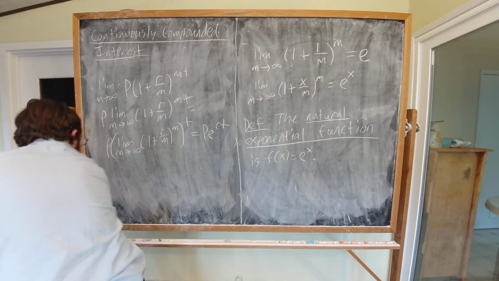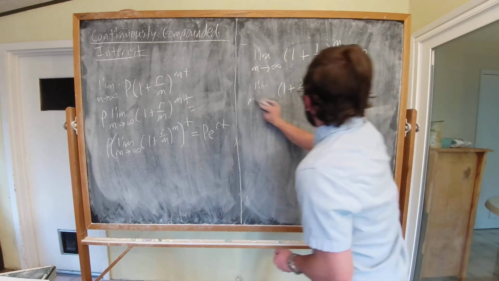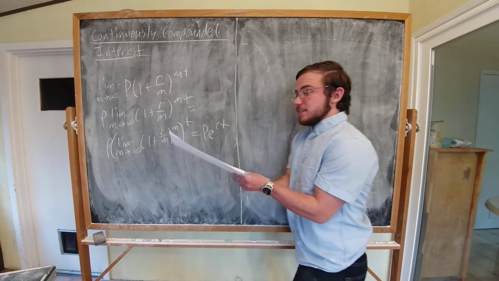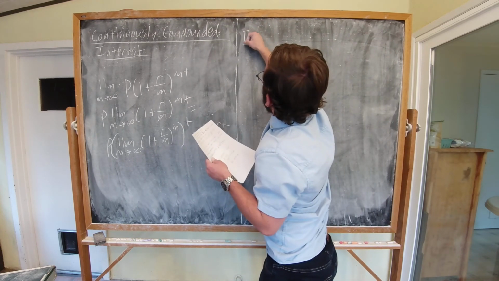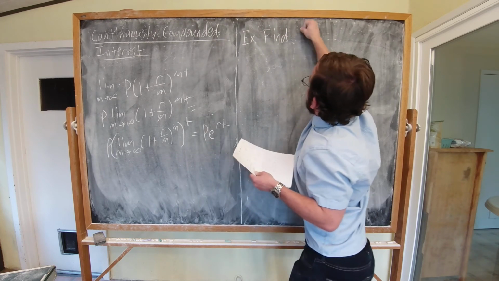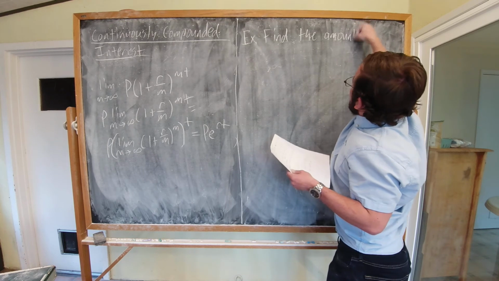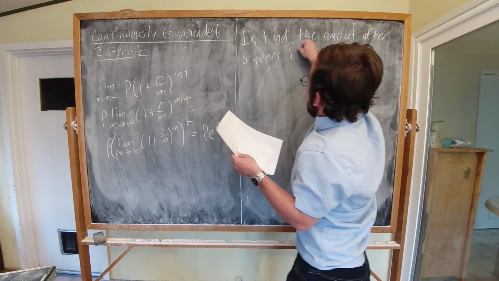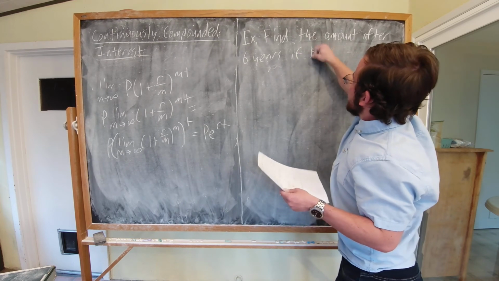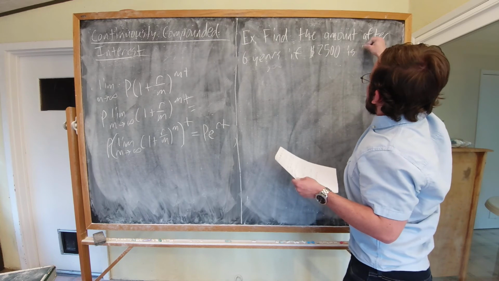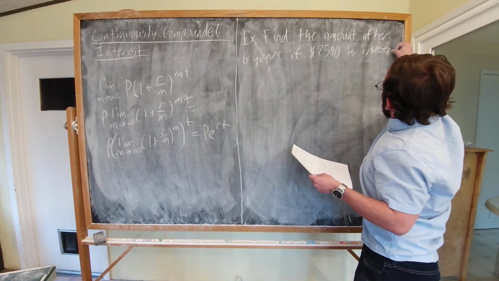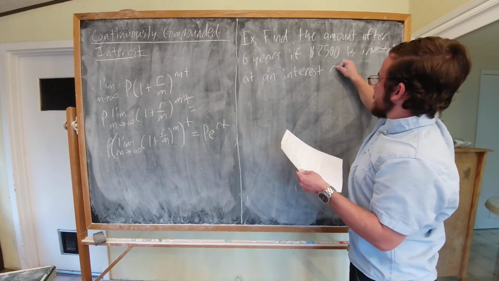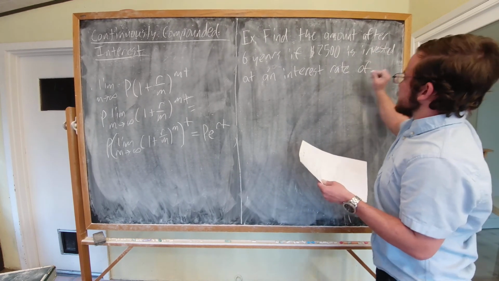So for example, let's find the amount after 6 years if $2,500 is invested at an interest rate of 15% per year.